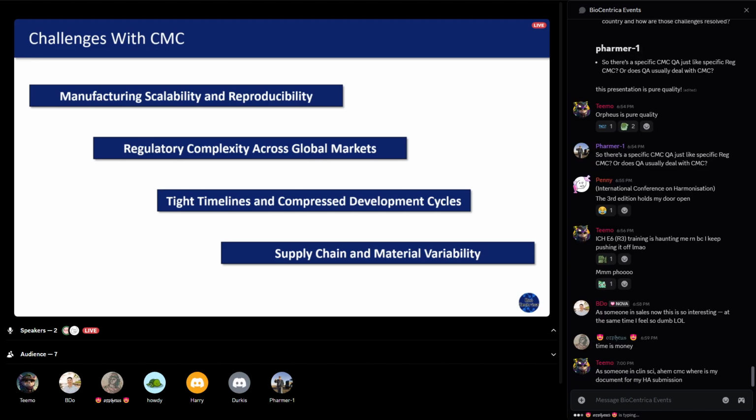Now everything is going to become more expensive, and you need to figure out where to get the money from. You need to figure out where to get the materials to make your drug product from. And so that's a lot of operational running in the background.